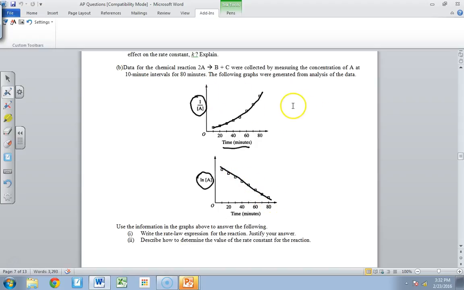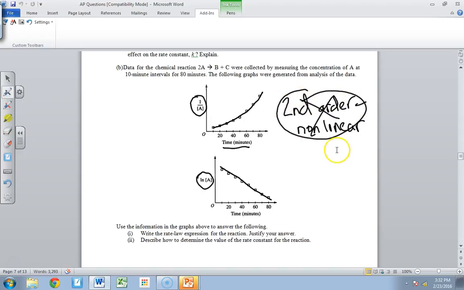So 1 over A we plot, that's a second order plot, but it's non-linear. If it's non-linear, what does that mean? That means that this reaction cannot be second order.